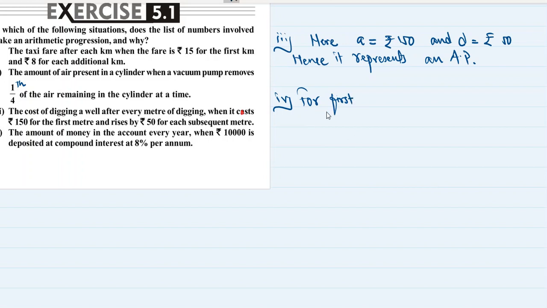If not, then please look here. For the first year, principal P1 is rupees 10,000, and R1, the rate of interest, is 8% per annum.